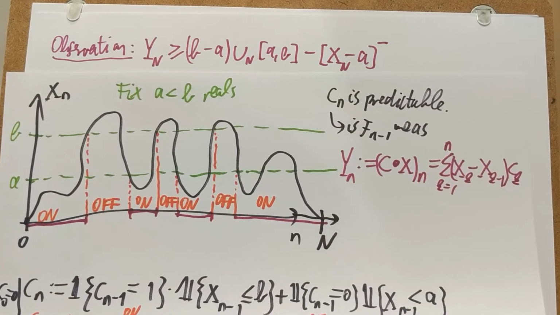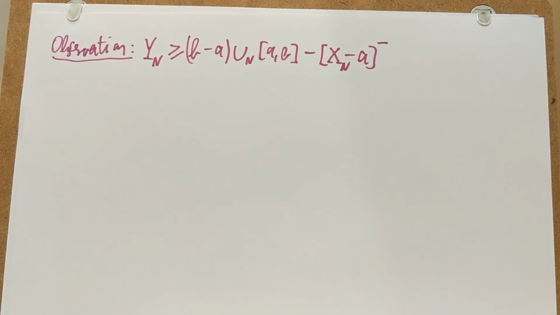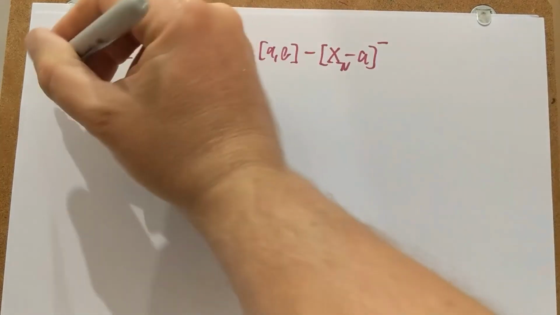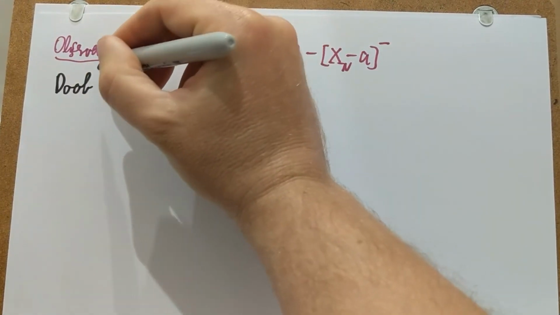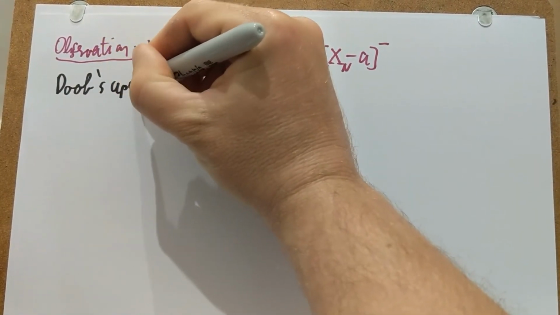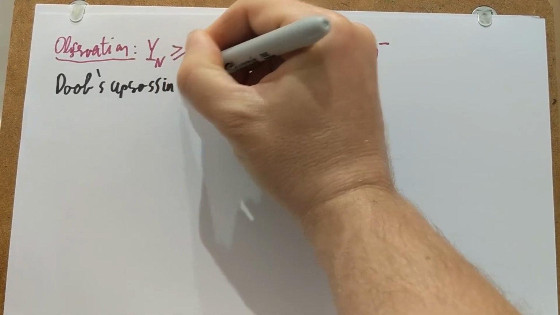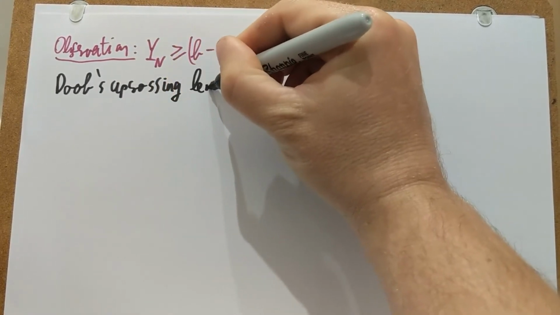And as a simple corollary, I'm now going to tell you a very important lemma, which is called Doob's upcrossing lemma. It's just a simple corollary of what we've seen before.